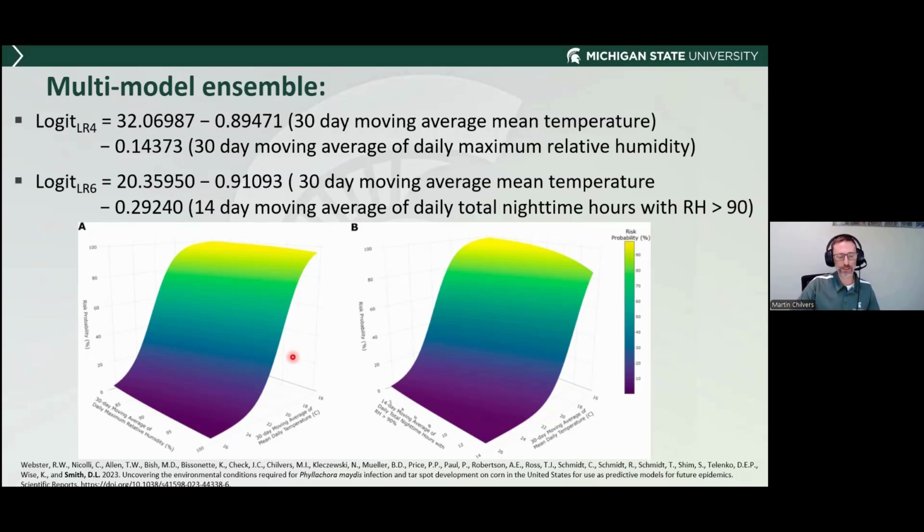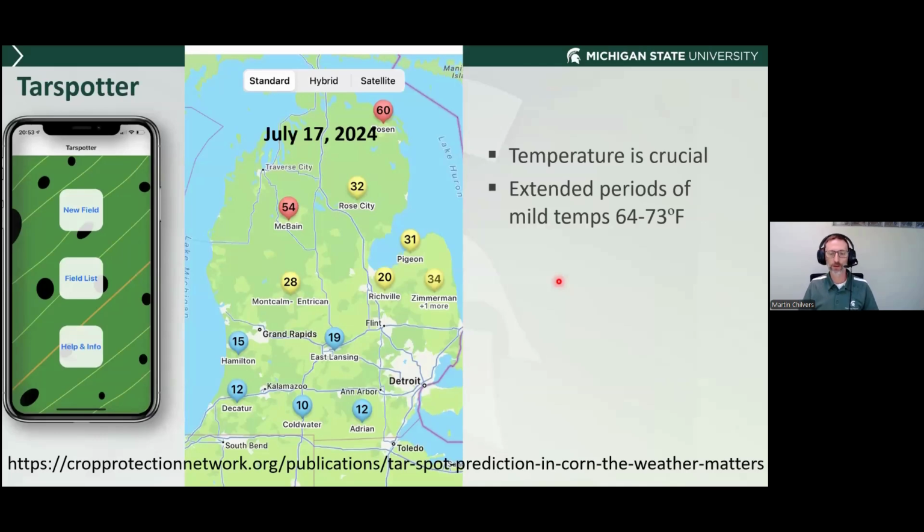Something really interesting that we noted was that there was some dip in the model when there was extended leaf wetness or humidity parameters. So it seemed that too much water can be a bad thing for disease development, at least when we look at it in terms of the model development, which is kind of curious.